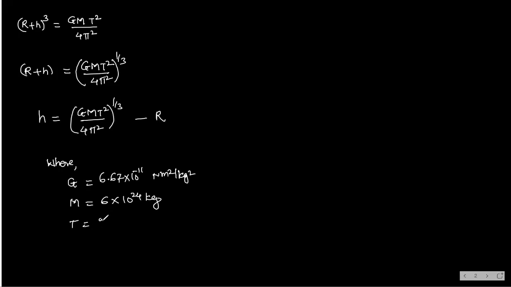Next, T is equal to 24 into 3,600 seconds. And R is the radius of Earth, that is 6,400 into 10 to the power 3 meter. If you substitute all the values, we will get H, that is nearly equal to 36,000 kilometer. Understand?